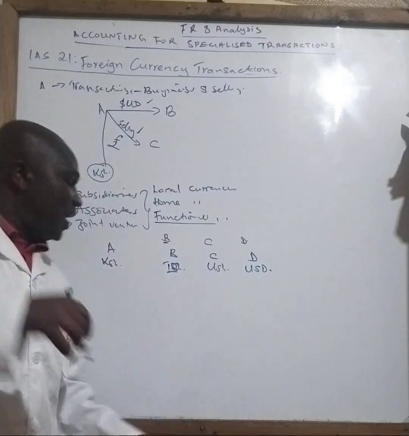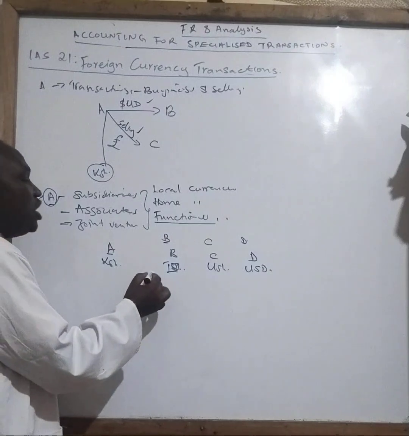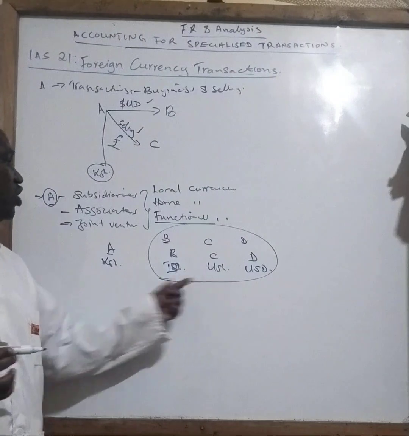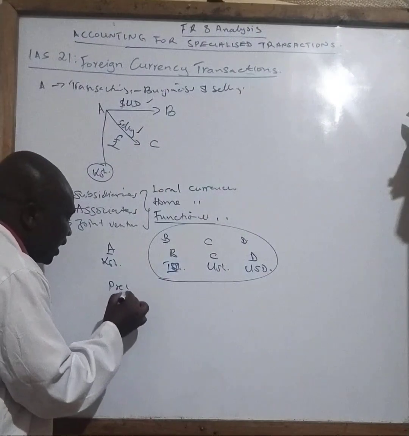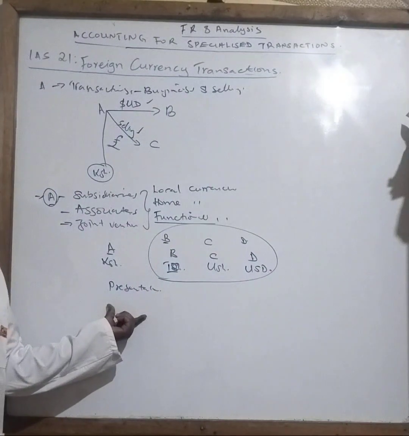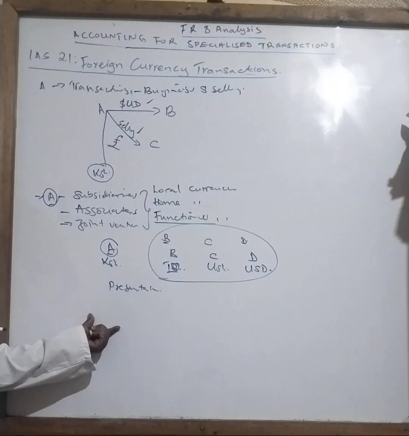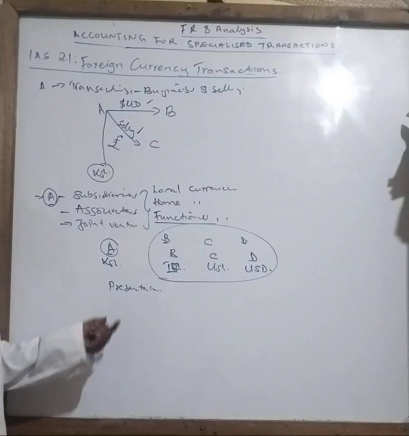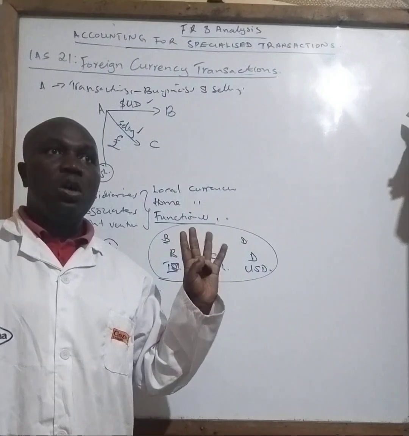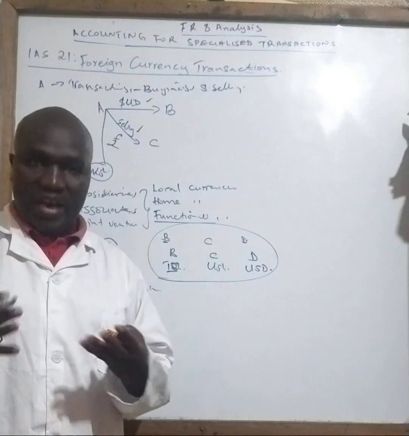By the end of the year, company A, because it is a parent company, has to translate all these three into what? Presentation currency. And it will be upon this particular company A to decide which presentation currency it wants to use. Remember, under IAS 21, there is no legal way of determining what kind of currency you want to present your financial statements in.